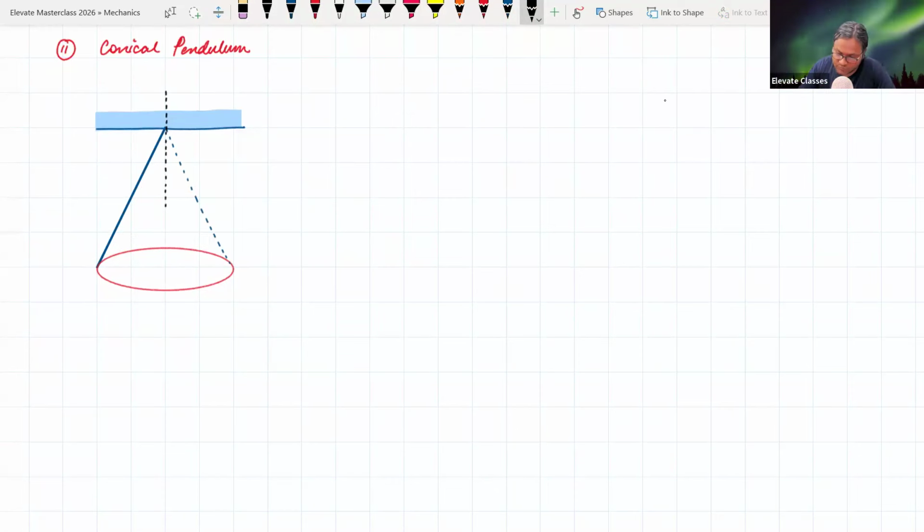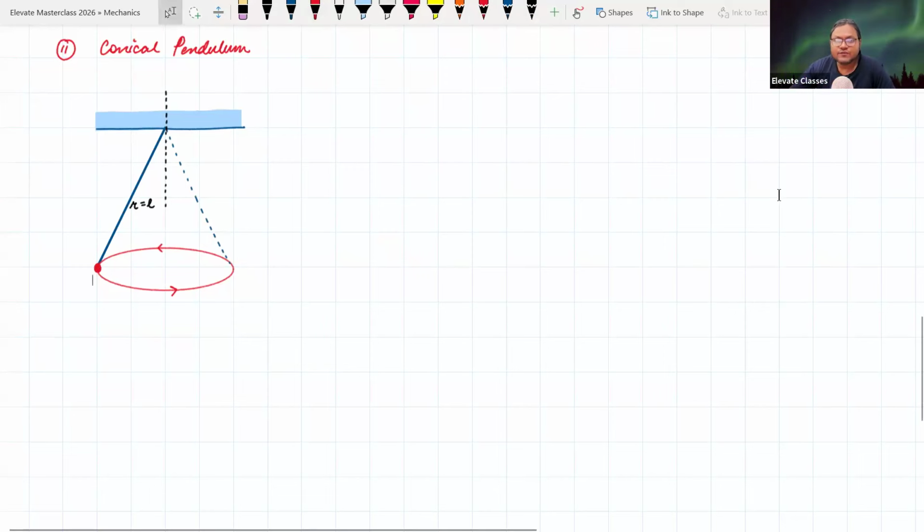Okay, so let's suppose that the motion is happening like this. Let's suppose this is the length L. All right, this is the bob.